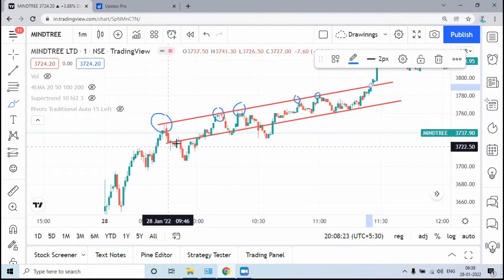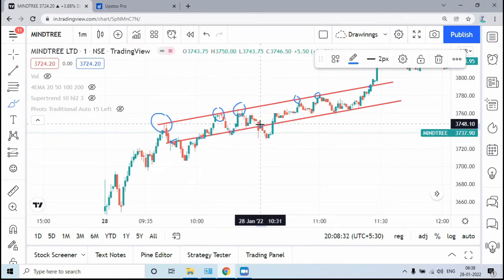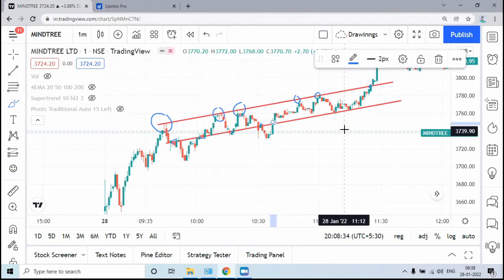And for downtrend we are getting 1, 2, 3, 4, 5, 6, 7, and 8.